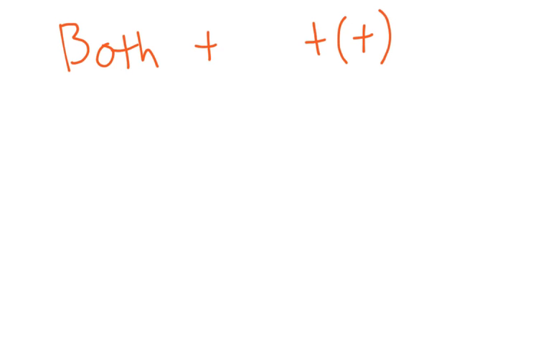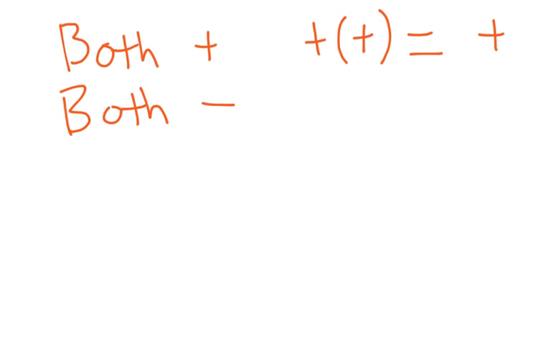So when you are multiplying and dividing integers, or positive and negative numbers, you have to remember that if they are both positive, in other words, you're multiplying a positive times a positive, or dividing a positive divided by a positive, it is going to be positive. Now, if you have both negative signs, remember negative means the opposite.